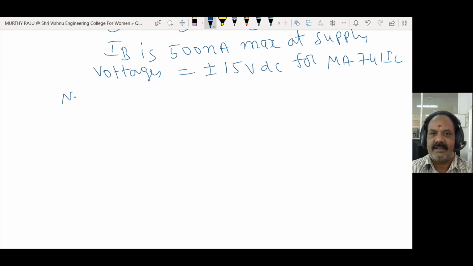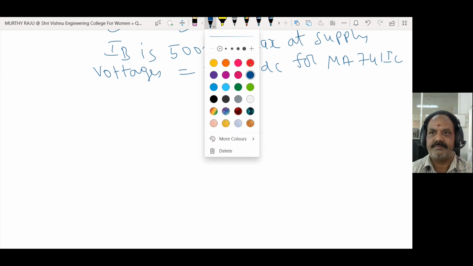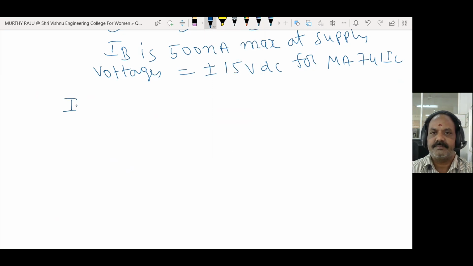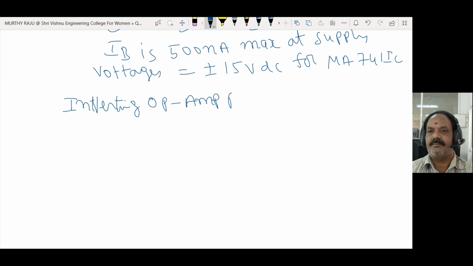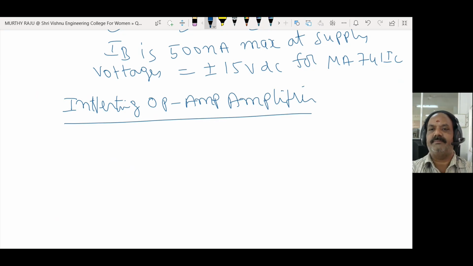Consider the inverting op-amp amplifier circuit diagram. This one is the circuit diagram of the op-amp.